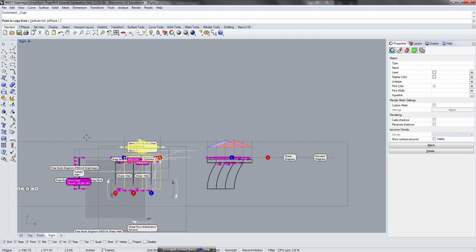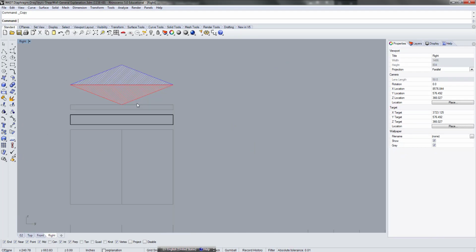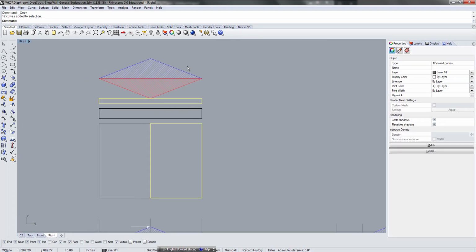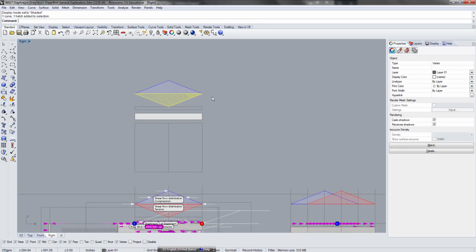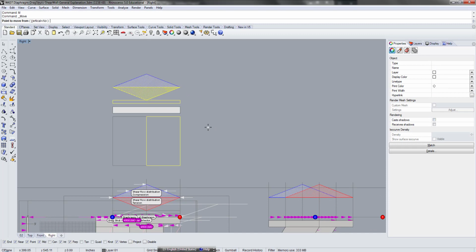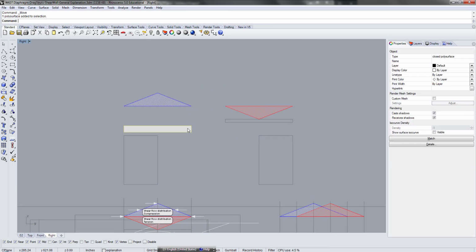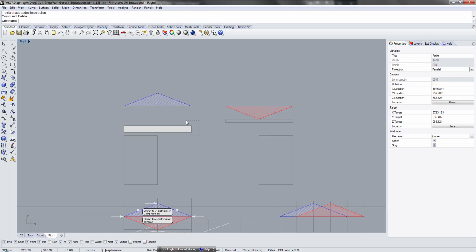So in this case, you have these two cases.